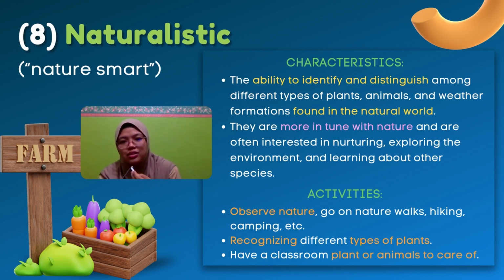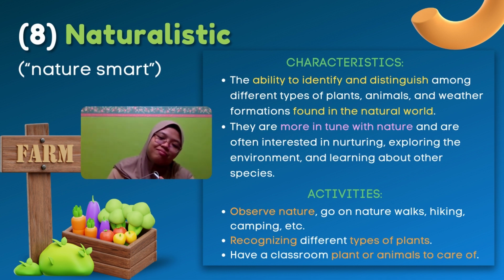They love nature. Okay. So the activities for naturalistic intelligence include observing nature, going on nature walks like hiking, camping, etc. Also ask them to recognize types of plants or anything related to nature, and have a classroom plant or animal pets.